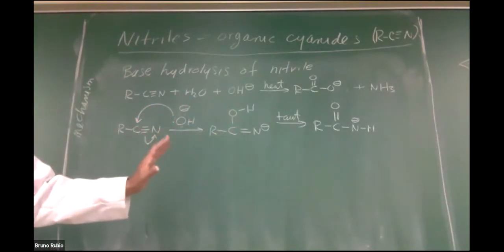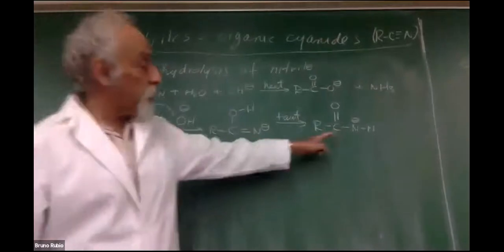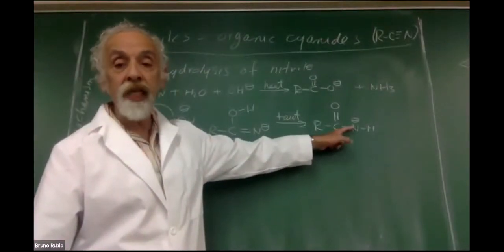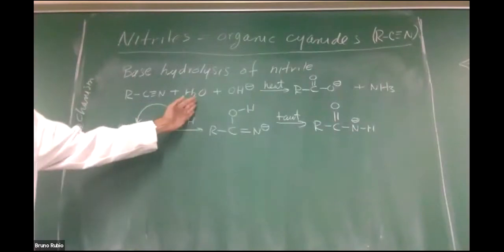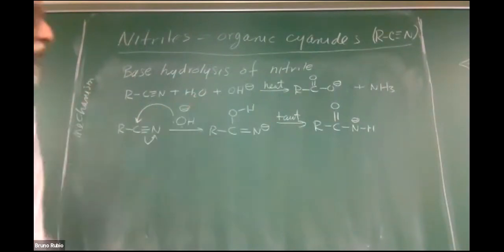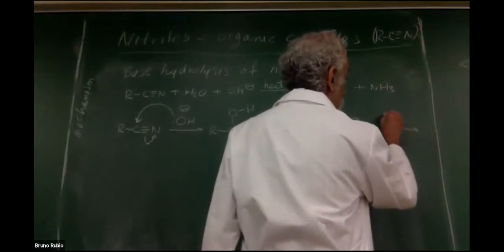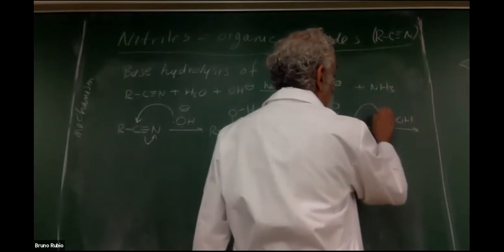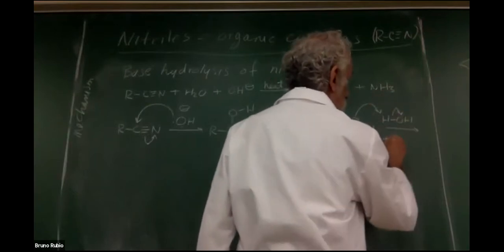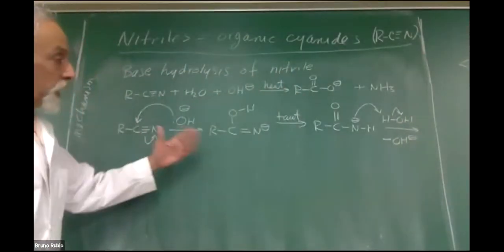But I had to be careful with the charges here. I know that nitrogen, when it forms 2 bonds, has a negative charge, so that's why I wrote N minus here. And we also have water present, and so a molecule of water comes in.